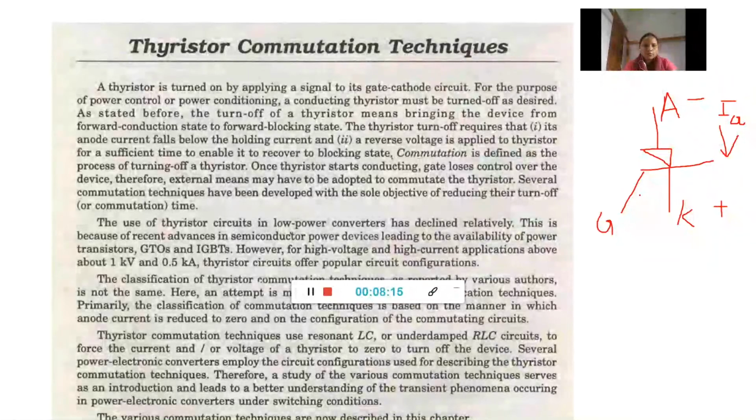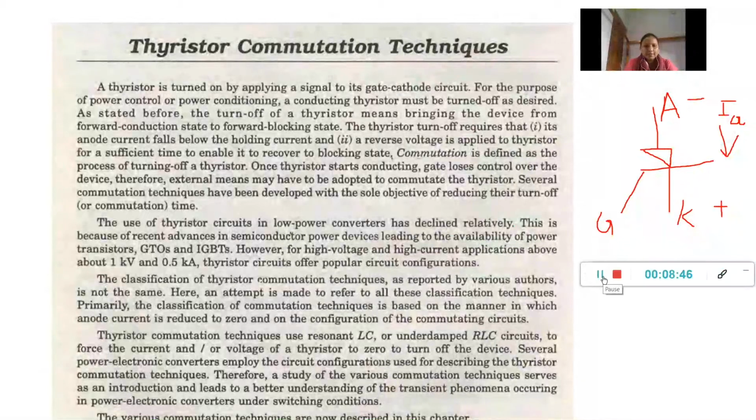That's why in low power converters we can use various advanced semiconductor devices. What are those? They are your power BJT, power MOSFET, GTO, IGBTs, etc. For high voltage and high current applications, which is above 1 kilovolt and 0.5 kiloampere, the thyristor circuits offer a popular circuit configuration.